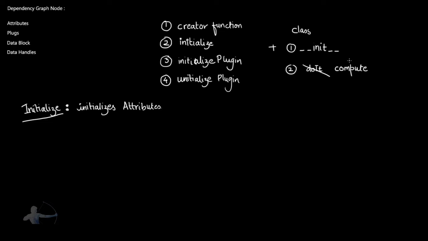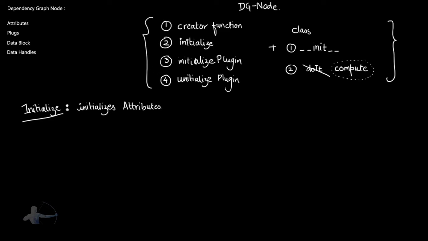And we have to keep the name of the compute function as compute. We can't give any other name to this function because Maya looks for this name in the class. So that's all we need to create a dependency graph node.